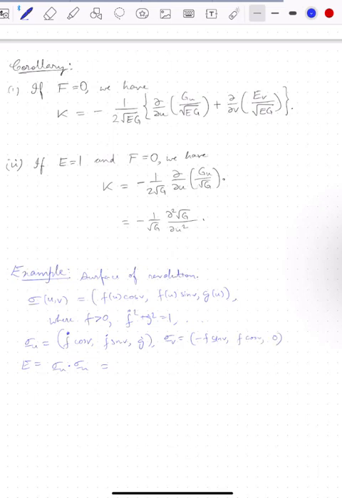So E is f dot squared plus g dot squared, which equals 1.